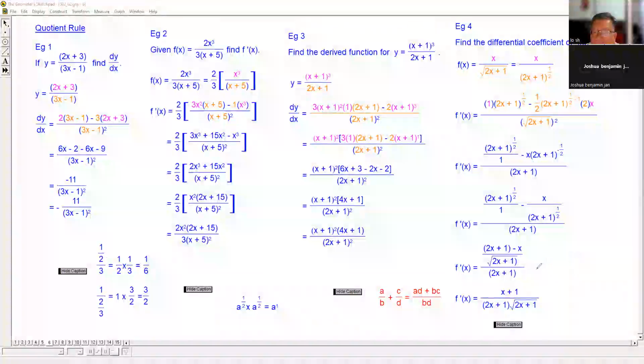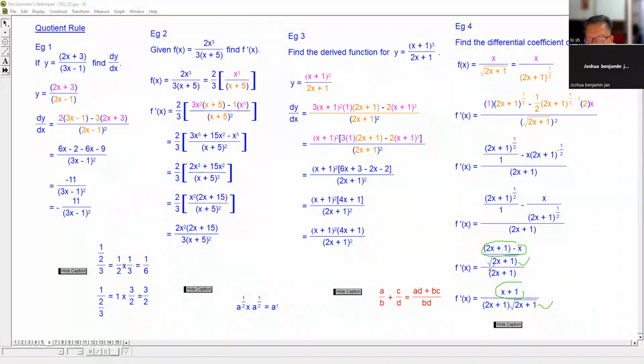Now, this one is actually at the top here. This one is actually at the bottom. This one at the bottom.